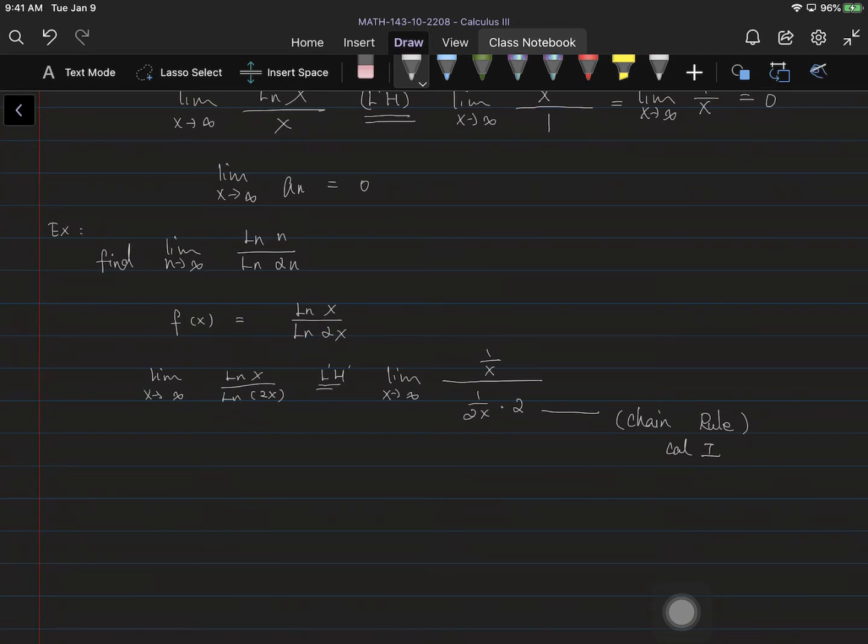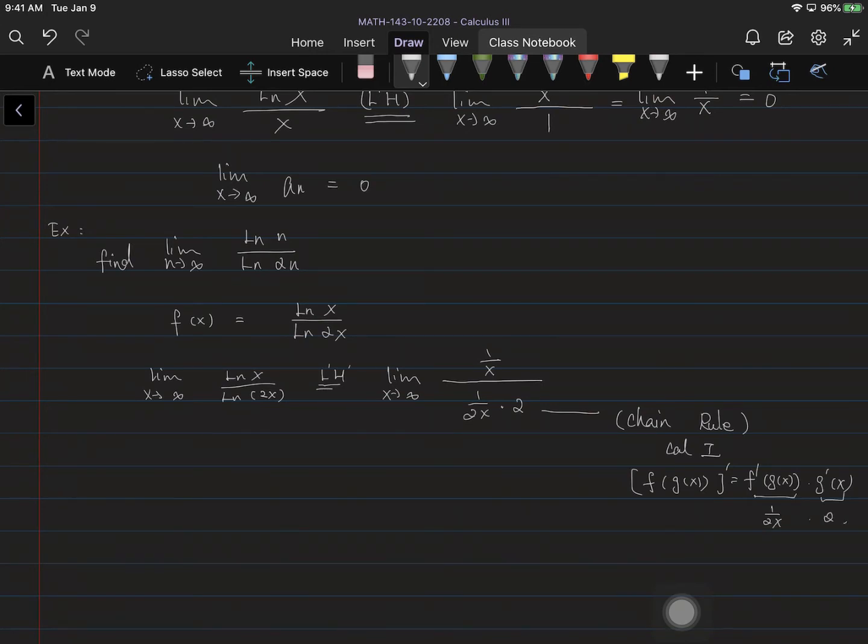That means the derivative of the outside function times the derivative of the inside function. So it's like the derivative of f(g(x)), which is f prime times g prime. Derivative of outside, times the derivative of inside. So here, derivative of outside is 1 over 2x, derivative of inside is 2.